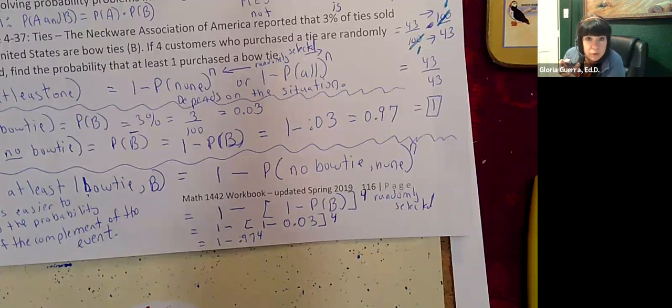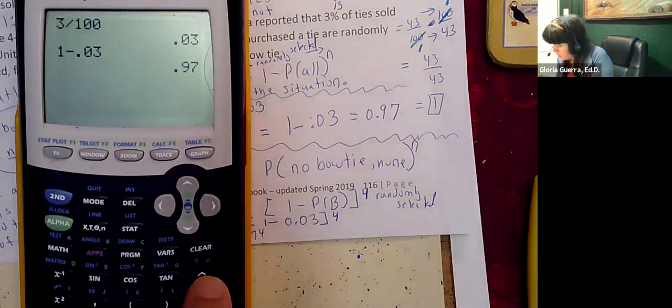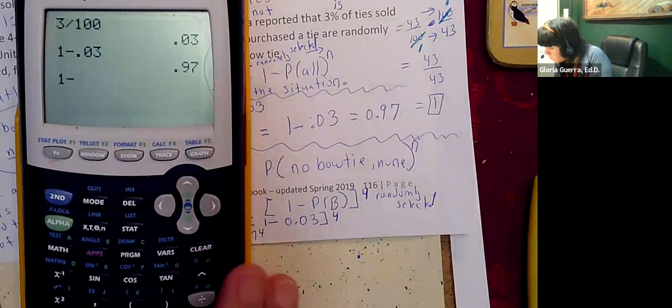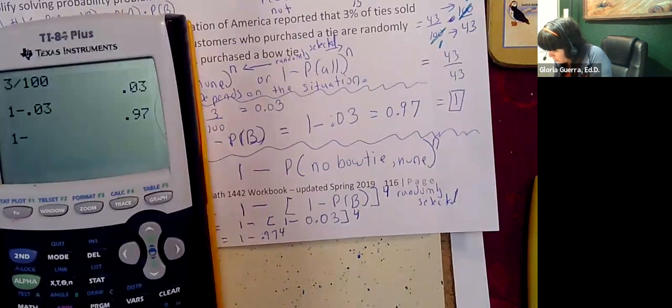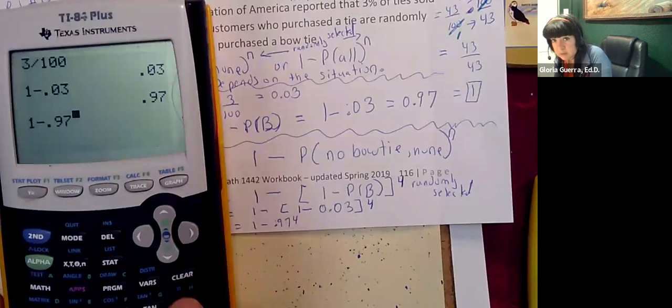Okay, sorry. So then let me use my calculator for that, and I'm going to use my exponent key. See my little exponent key here? So I'm going to do 1 minus 0.97, and I'm going to hit the raise to the fourth power, and then equals.